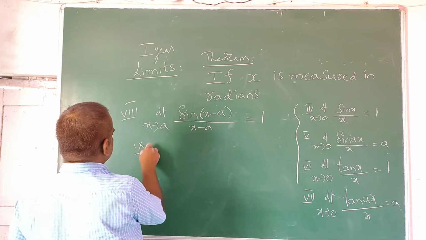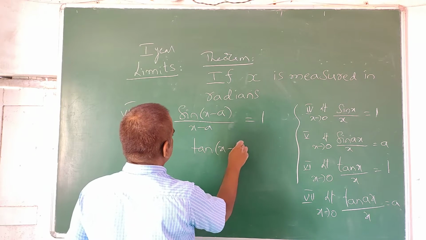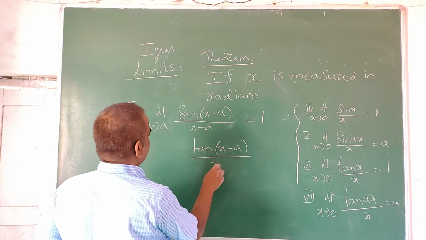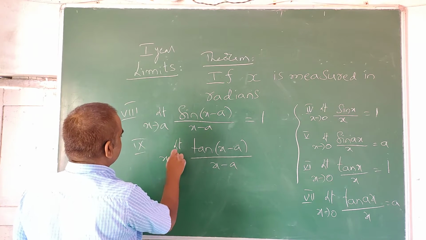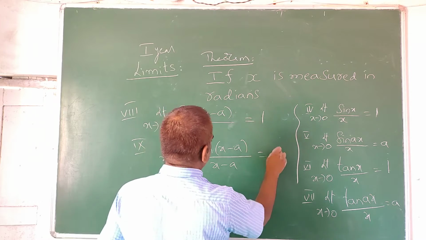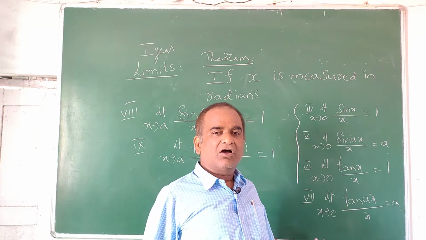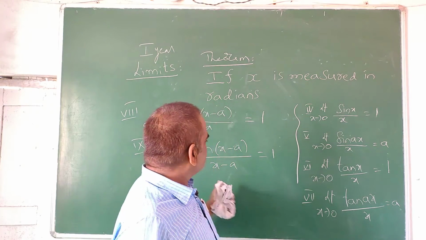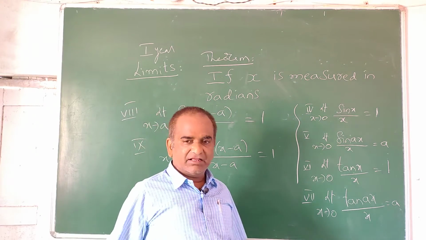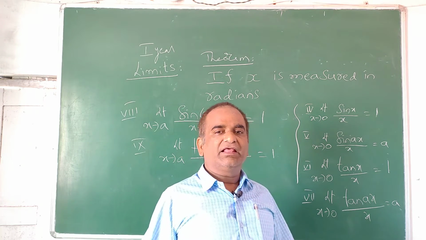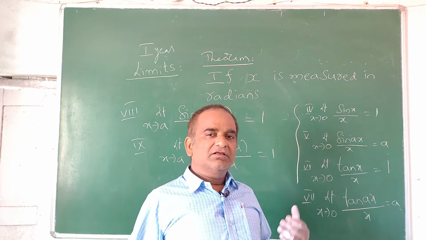Ninth one, limit x tends to a of tan(x minus a) by (x minus a) is equal to 1. Are you following? So these are the 9 results which we frequently use to solve the problems.